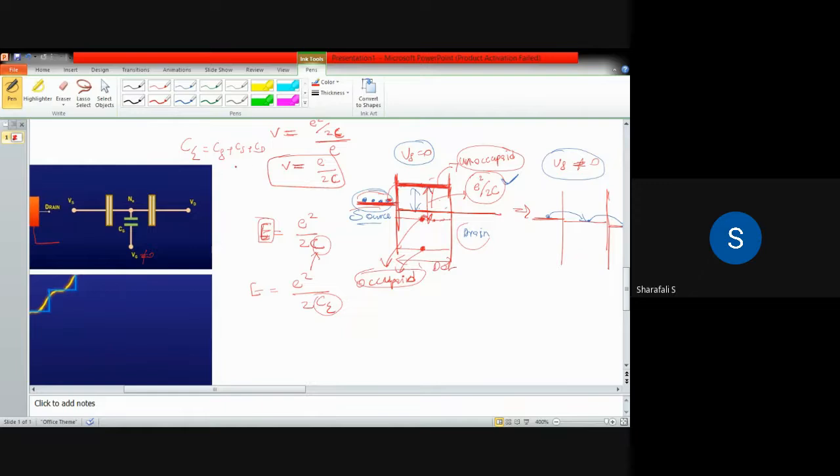Because this is Cg plus Cs plus Cd, this will increase, that effectively increases C sigma, and that will reduce this energy, which means that the energy gap between the unoccupied and occupied energy levels will decrease, and the energy level will become less than that of the source, so that the electron can move to the quantum dot, and then from there it can directly go to the drain side.